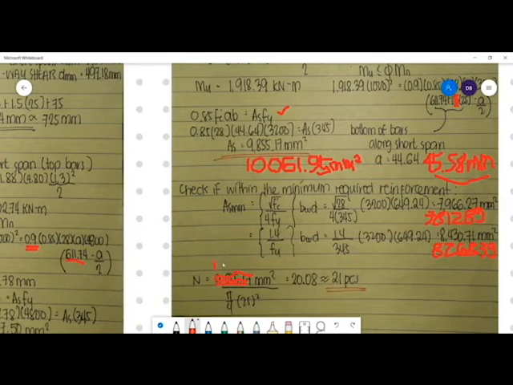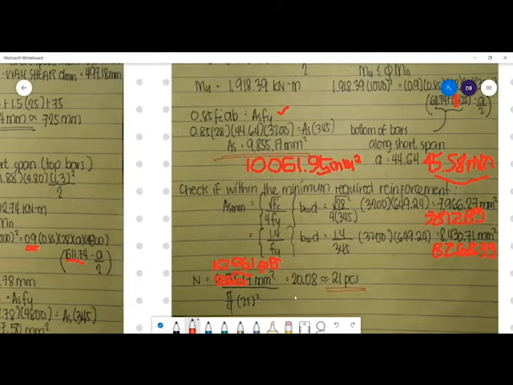Okay. 10,061.95 over pi over 4, 25 squared.